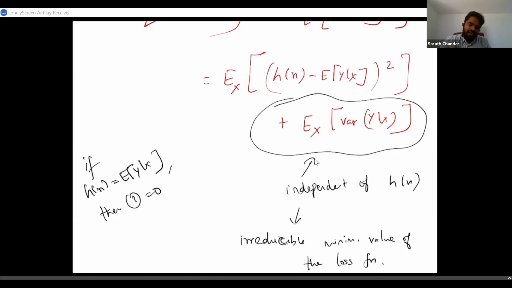But the second term will never go to 0, because it is not in your control. It is from the data distribution itself. It's the inherent variance in y given x, which you cannot control. Any questions before we break?